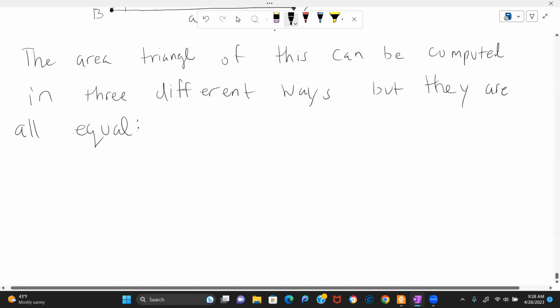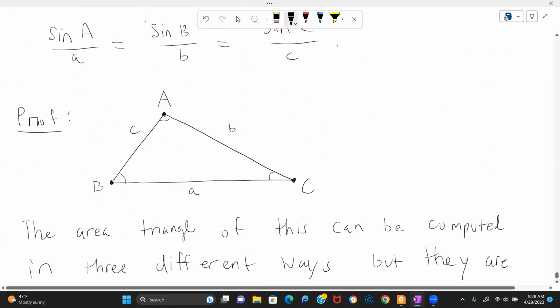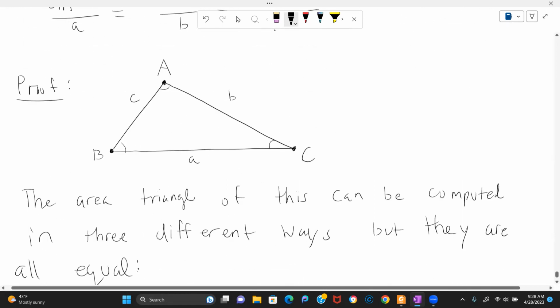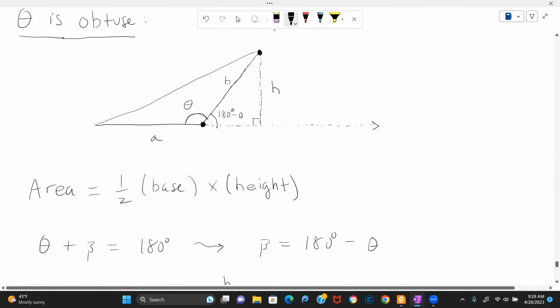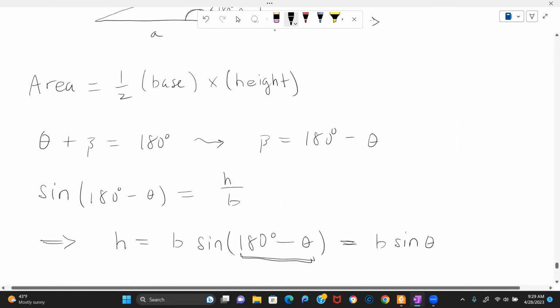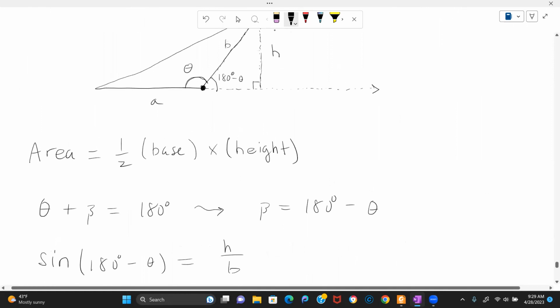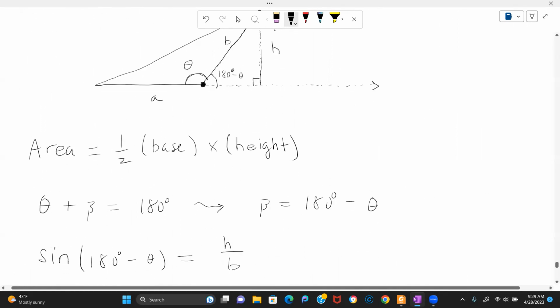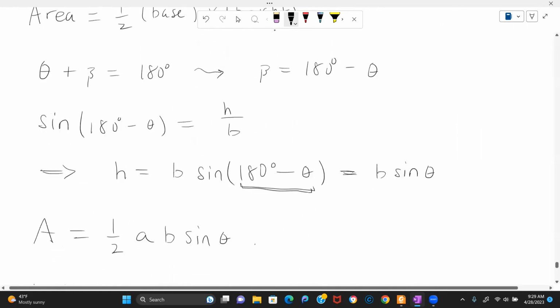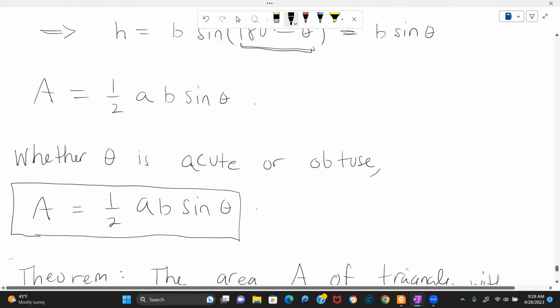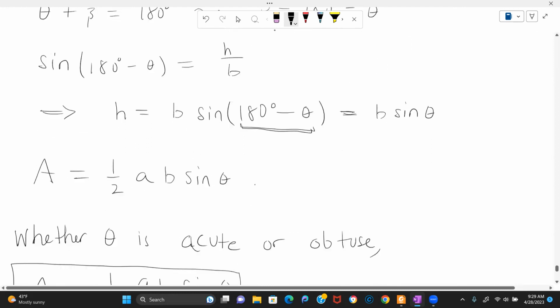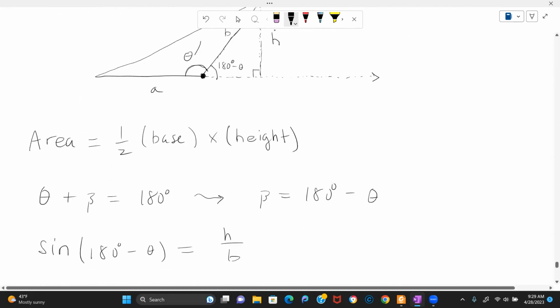So for example, let's try to be careful about this because we want to use this area formula right here. How do you calculate this area based on this formula? Well, I give you an angle, right?